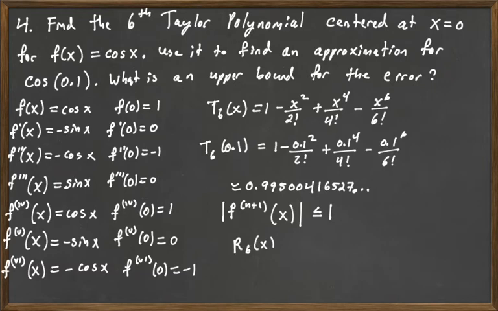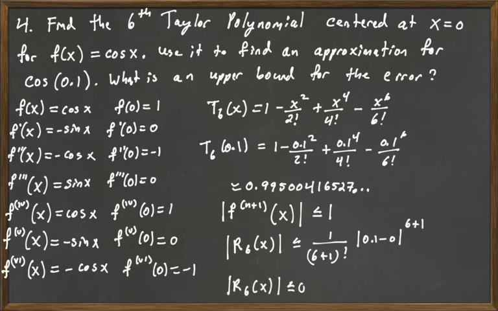So the 6th remainder in absolute value is going to be less than or equal to your bound, which is the m, over, sorry, that should be a plus 1, over 6 plus 1 factorial, and then 0.1 minus 0, so that's your x, which is 0.1, centered at a, which is 0, so that's where the 0.1 minus 0 comes from, raised to the 7th. So the upper bound of your error is going to be, after we calculate that, 0.000, so we got a whole bunch of zeros.